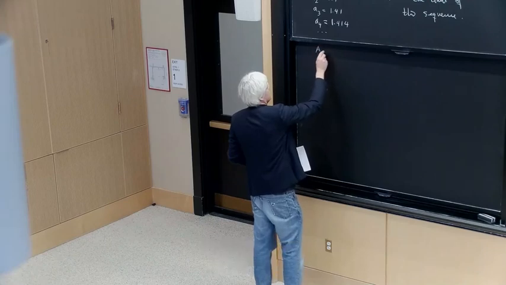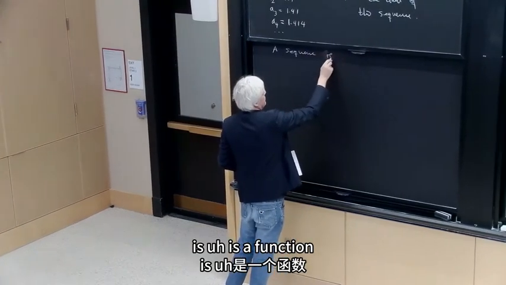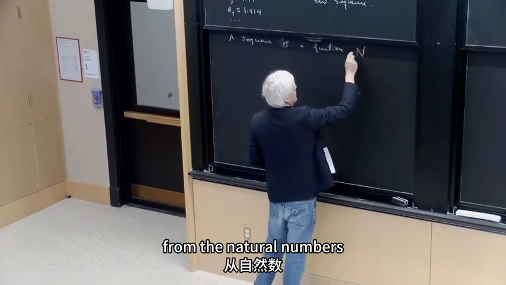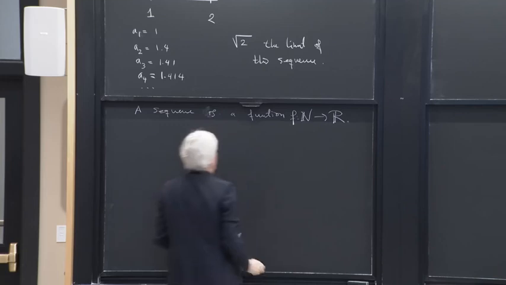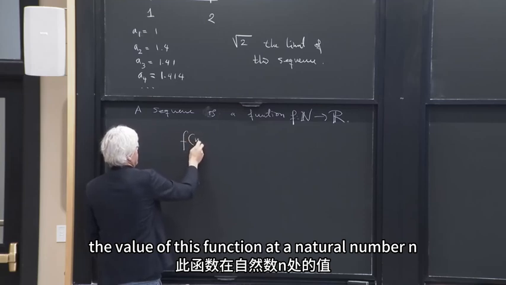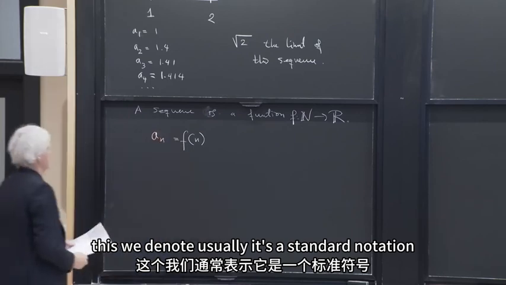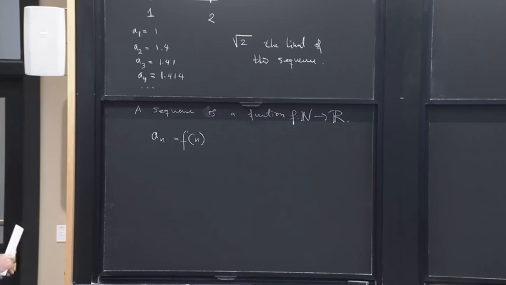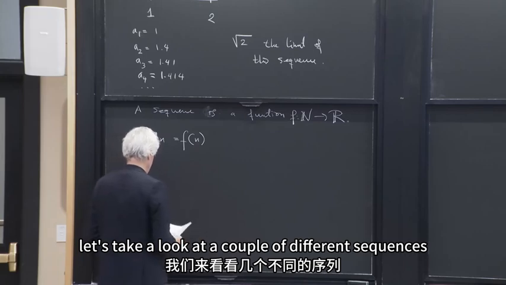A sequence is a function f from the natural numbers into the reals. And the value of this function at a natural number n, we usually denote by a standard notation, a with n as a subscript. And so let's take a look at a couple of different sequences.